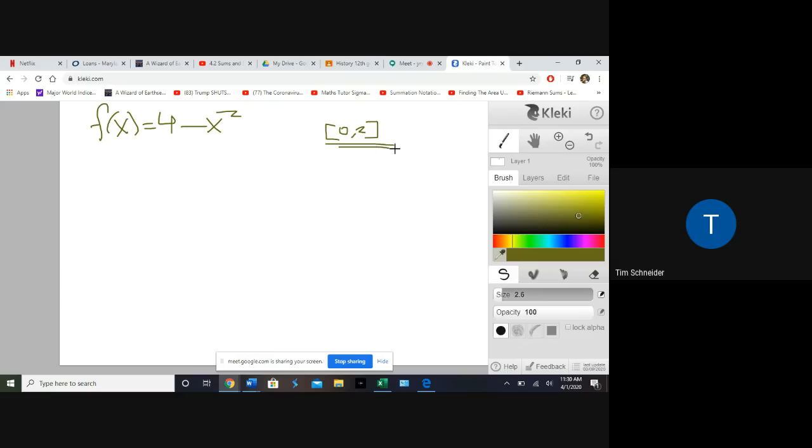So right away we have something that should look familiar. We have a lower bound and an upper bound, and we are going to split that into a certain number of things. Now, unlike last time, we're going to make it a little bit more regular.